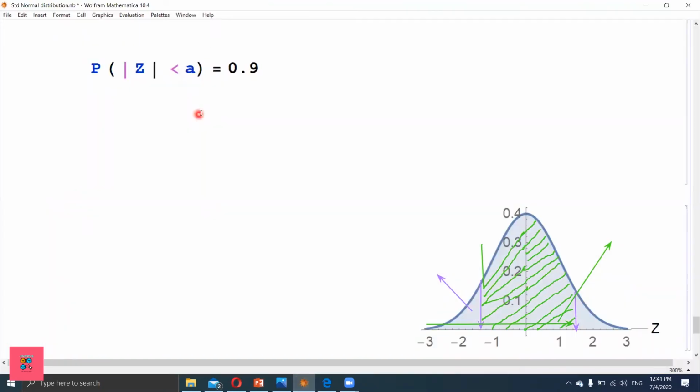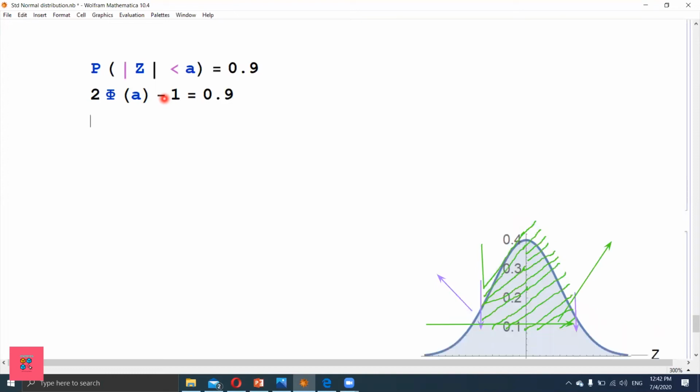we will straightforwardly write it here: 2 phi of A minus 1 is equal to 0.9. And next step, 2 phi of A is equal to 1 plus 0.9, which is equal to 1.9.